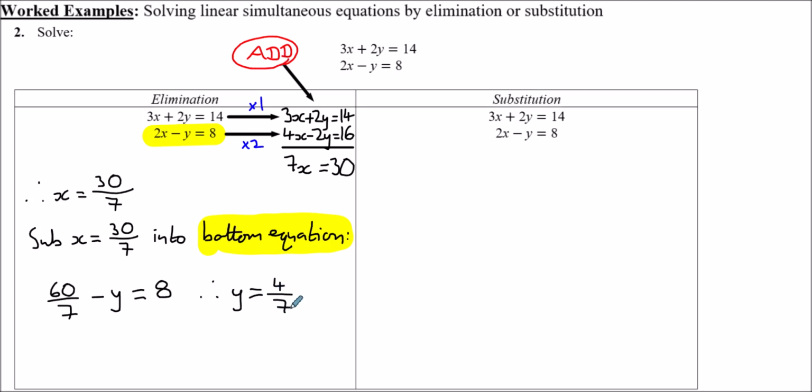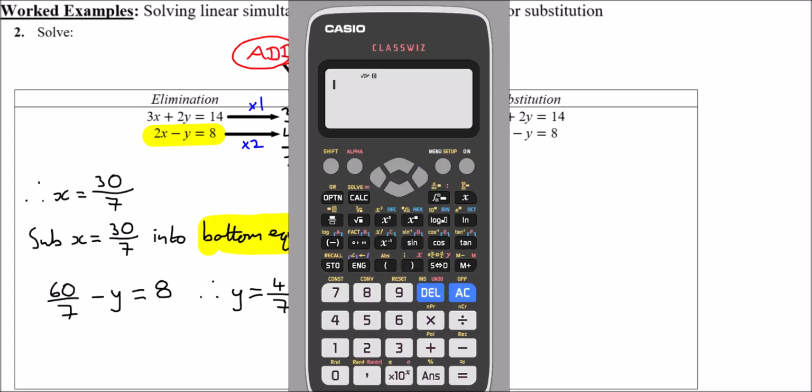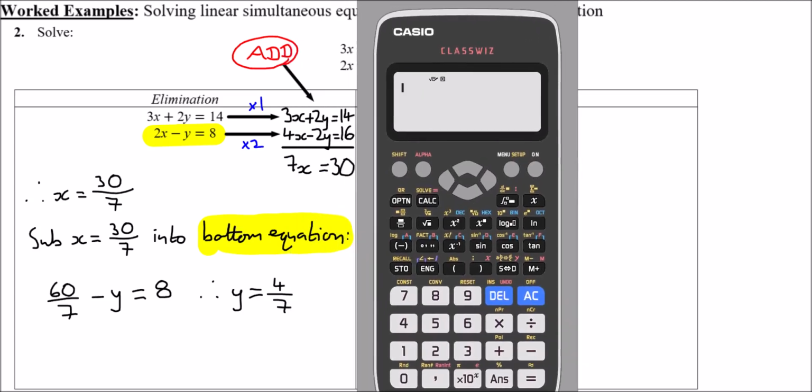If you don't want to do this in your head, in fact, even if you do like doing it in your head, always use your calculator to double check. So if ever you see me doing calculations on here, and I'm not using a calculator, it's not because my mental arithmetic is particularly great, it's okay, but it's because I've used a calculator to check beforehand, just to speed up the recording. So over here, what we'd be doing is 60 over 7 minus 8, which is why we get y is 4 over 7.